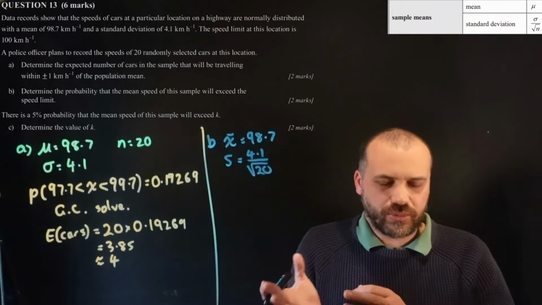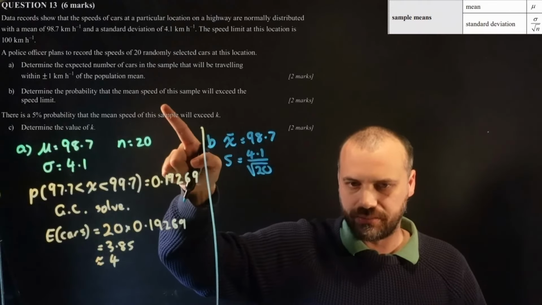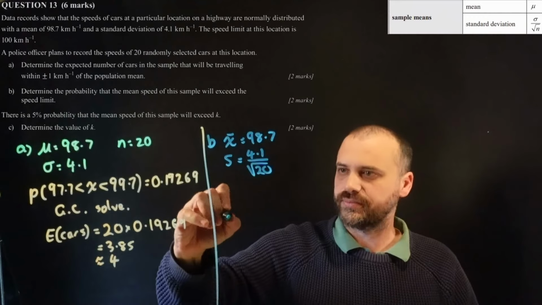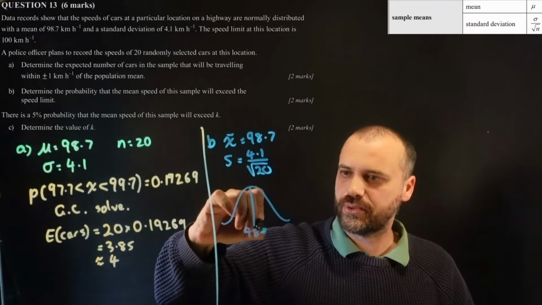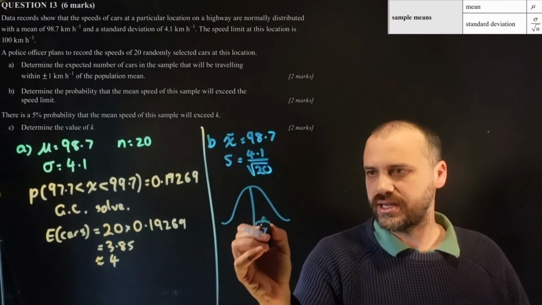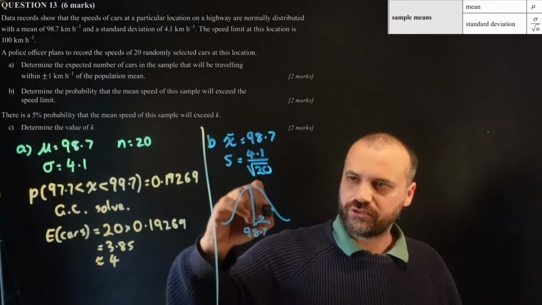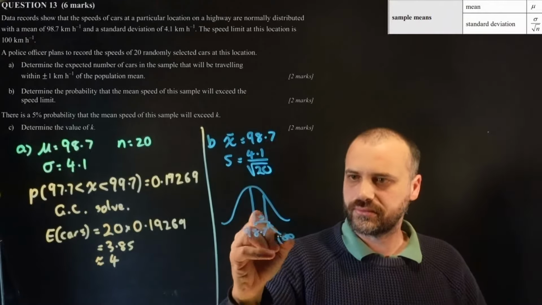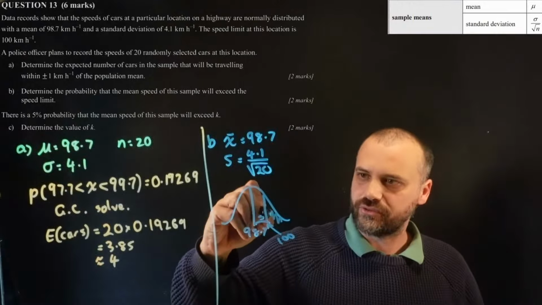Okay, and then what are we being asked to calculate? Determine the probability that the mean speed of this sample will exceed the speed limit. Okay, so our sample mean is 98.7. Our standard deviation is this S value that we've just got here. And we're trying to find the probability that the mean is larger than 100.